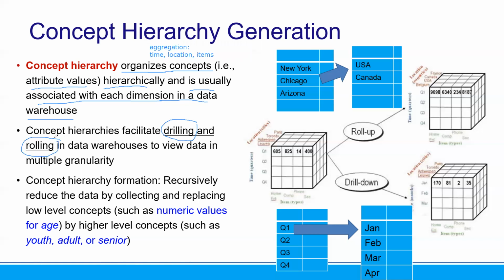So we will learn a little bit about the data warehouse. What is the data warehouse? If we are doing rolling or drilling, it is the same as this kind of aggregation, whether we are going top down or bottom up.